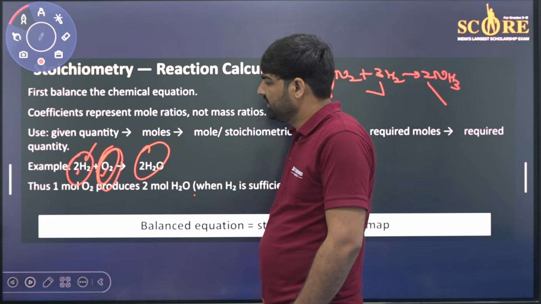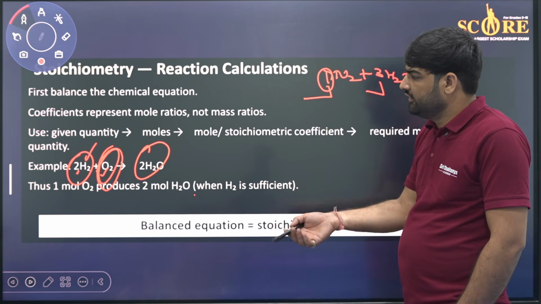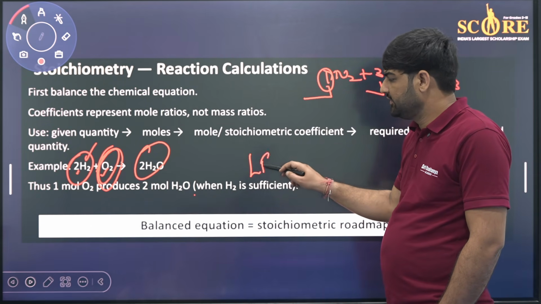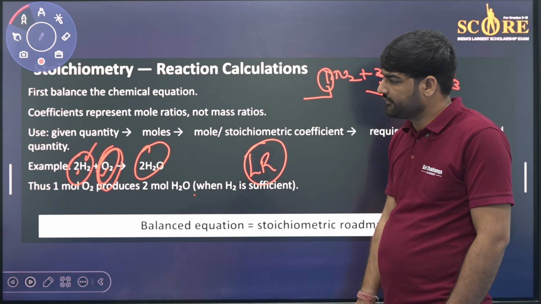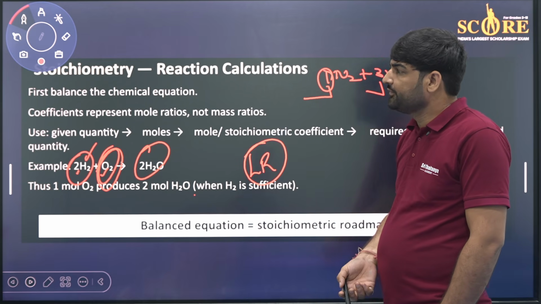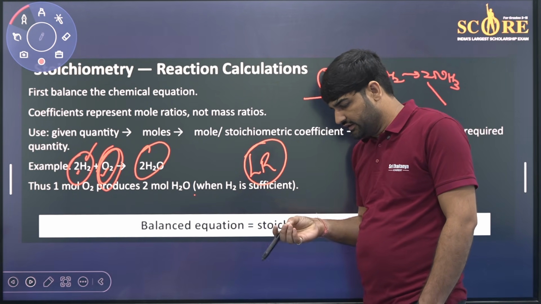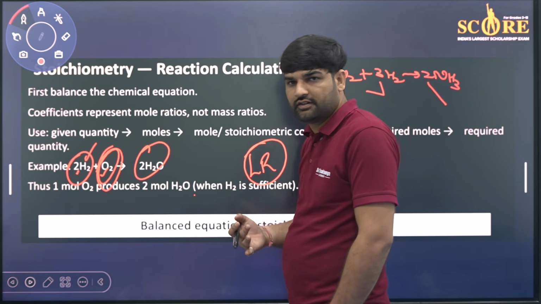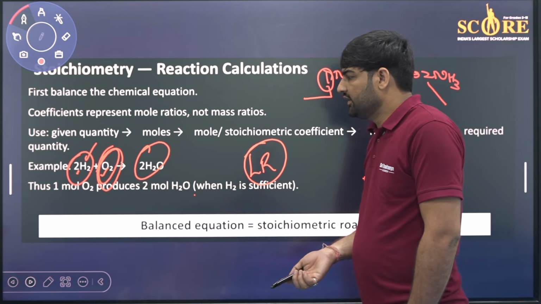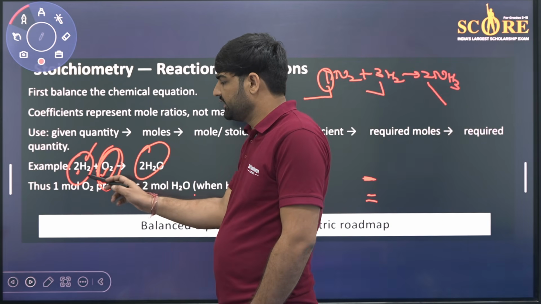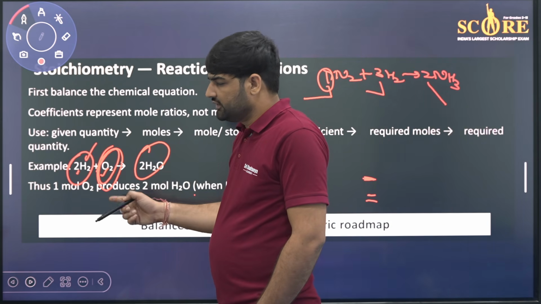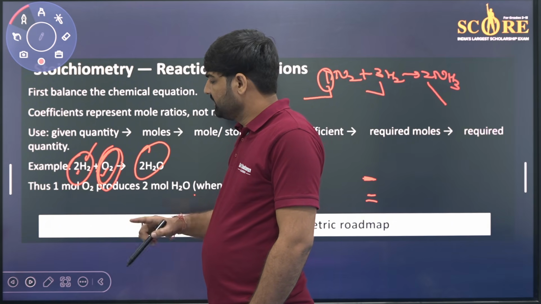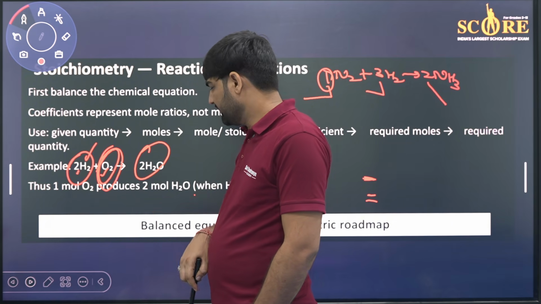For that we have to define a new term, limiting reagent, and this is known as LR. So what is meant by LR? LR is a reagent which is consumed first in a balanced chemical reaction. Here are two reactants. Which reactant will be consumed first in the balanced chemical reaction? That will be the LR.